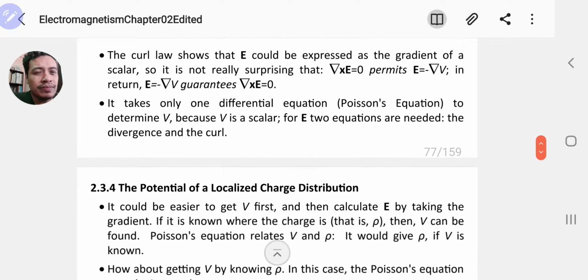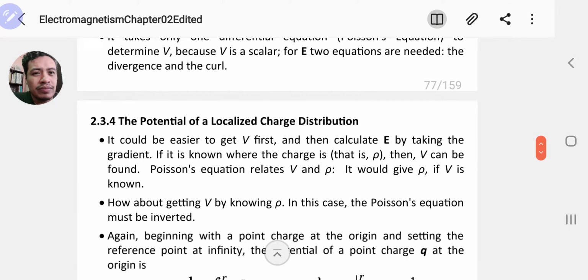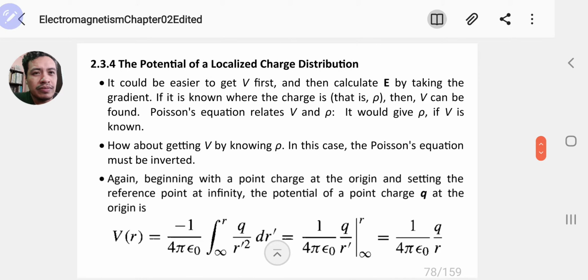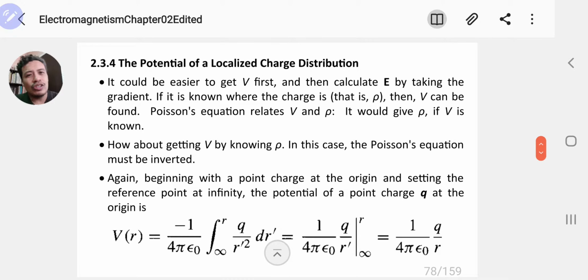So let's look at this scenario, the potential of a localized charge distribution. When you say localized, it's like that system is isolated from anything.